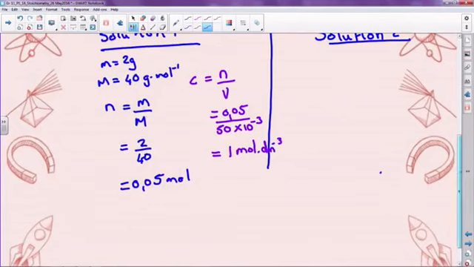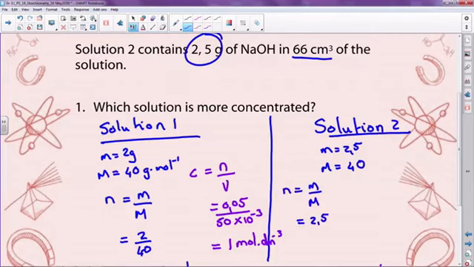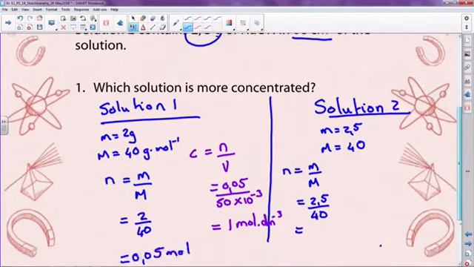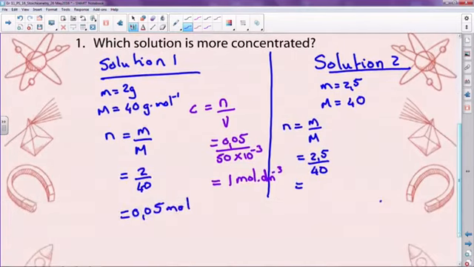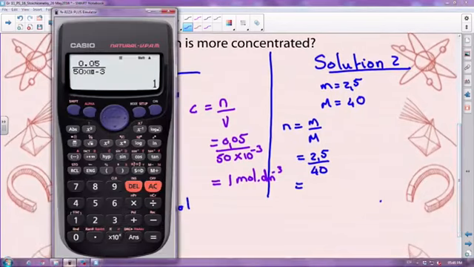All right. So now let's compare with this side. I'm going to have the same thing now, but my mass is 2.5. My molecular mass is still 40, nothing's changed. So my moles is going to be mass over molecular mass. That's going to give me 2.5 over 40. Okay, so I've got more grams. I should be expecting a greater number of moles.